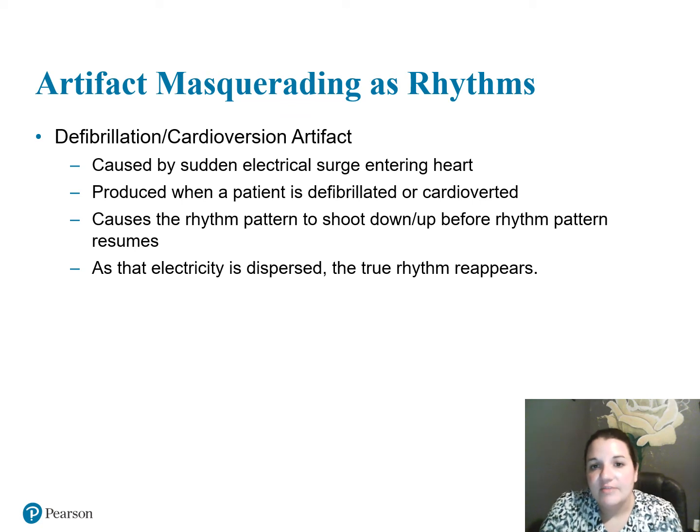Another artifact masquerading as a rhythm is called your defibrillation cardioversion artifact. This is caused by a sudden electrical surge entering the heart, produced when a patient is defibrillated or cardioverted. It causes the rhythm pattern to shoot down and up before the rhythm pattern resumes. As the electricity is dispersed, the true rhythm will then appear.